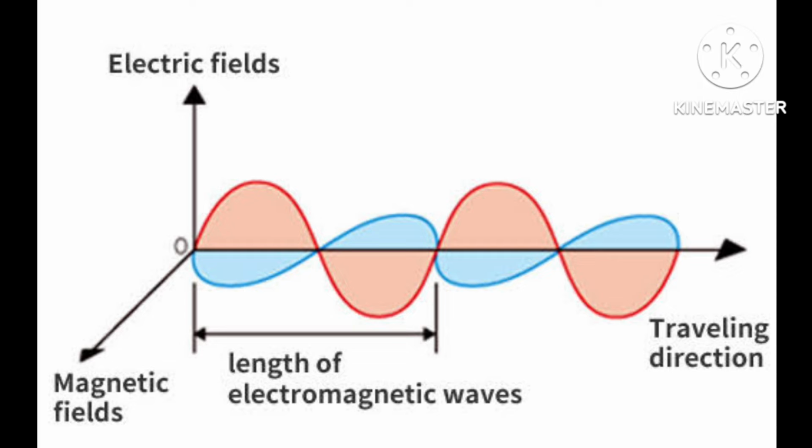Actually, suppose some wave passes from south to north, or east to west, you can understand. Suppose some wave is there, just like air flows. Suppose it is flowing from east to west.